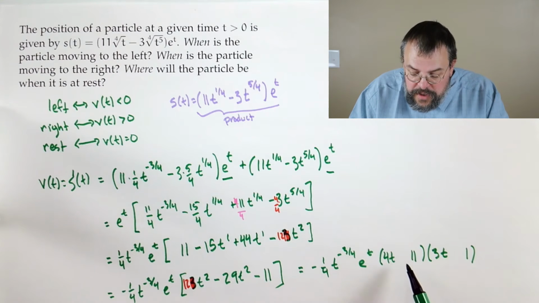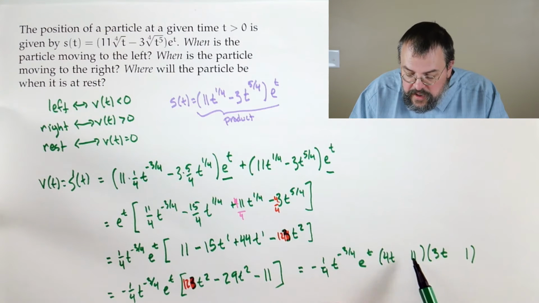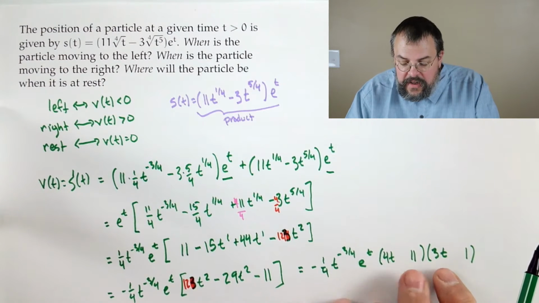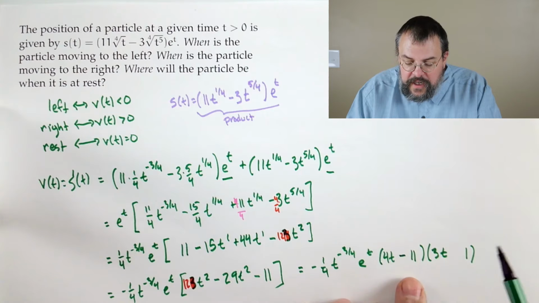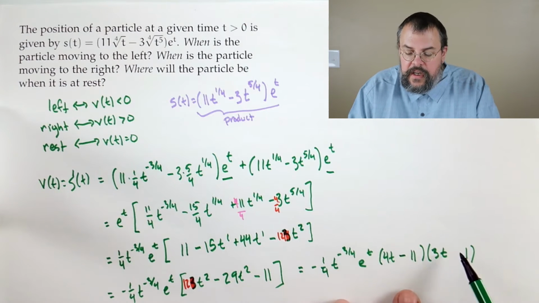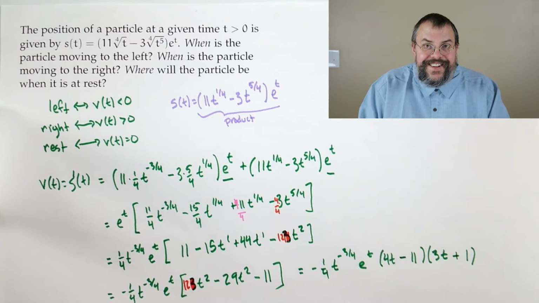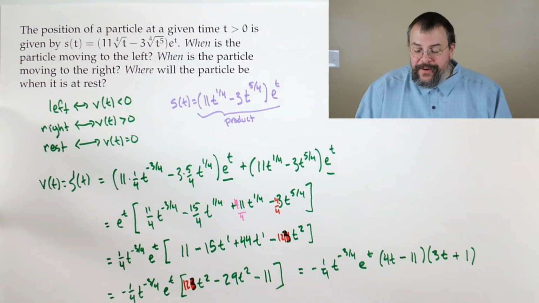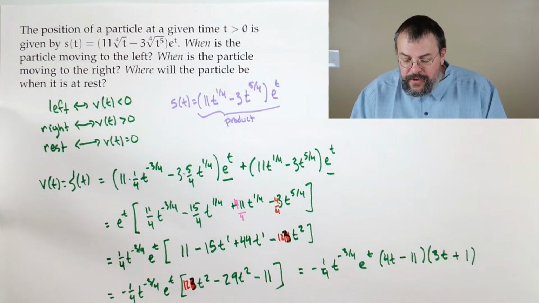Well, should I put a minus here, or a plus, and a minus? Well, I want the minus attached to the 11 here because I want minus 33t plus 4t. Good.